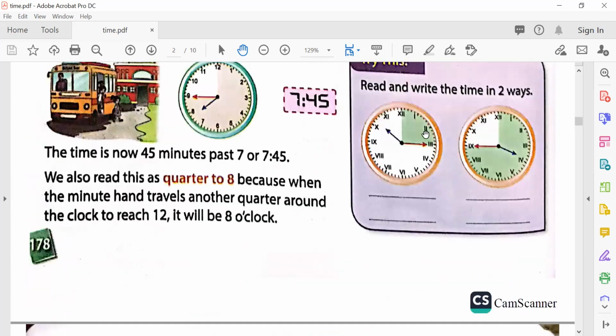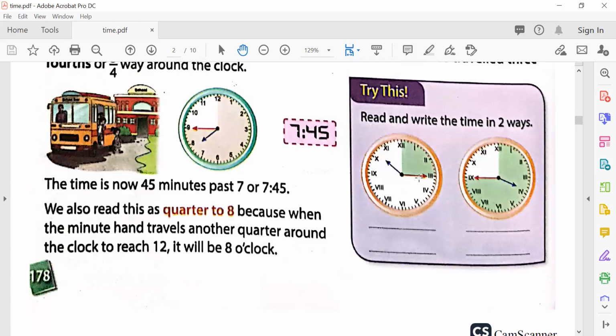So tell me the answer here. What's the time? You can tell the time in 2 ways. Which is the hour hand? It's the black one. This one is 9, this is 10.